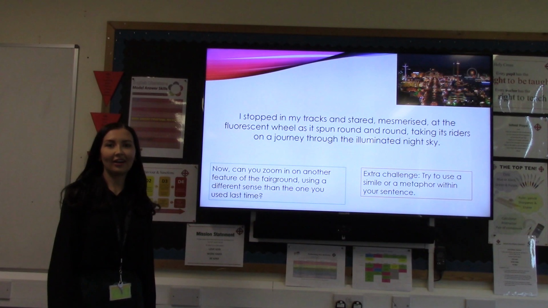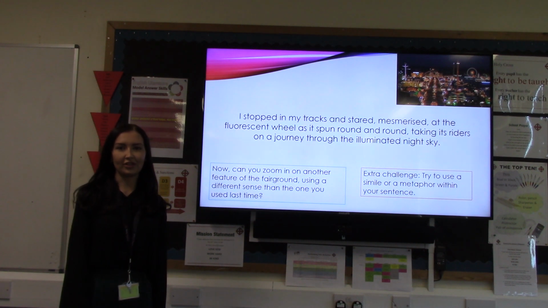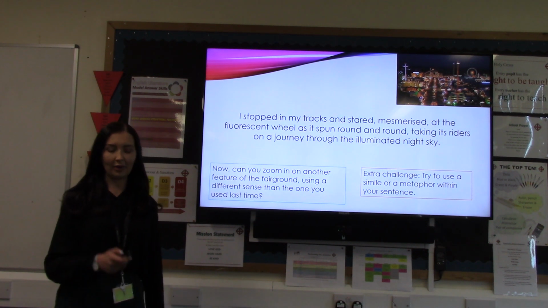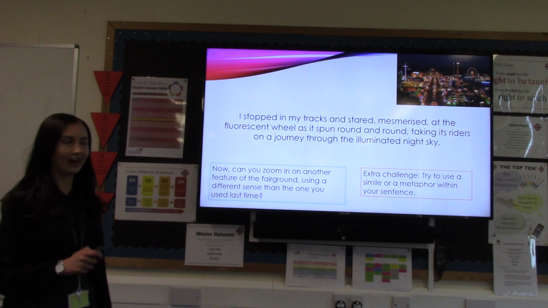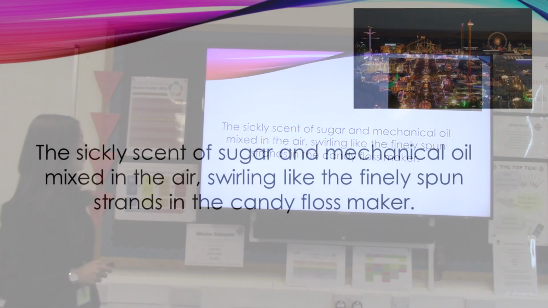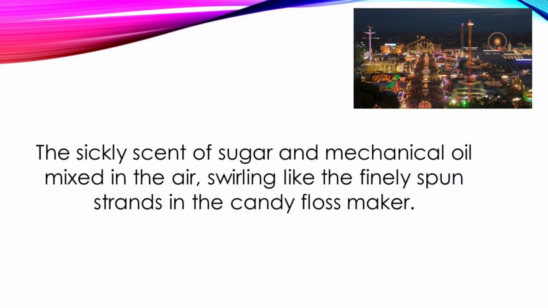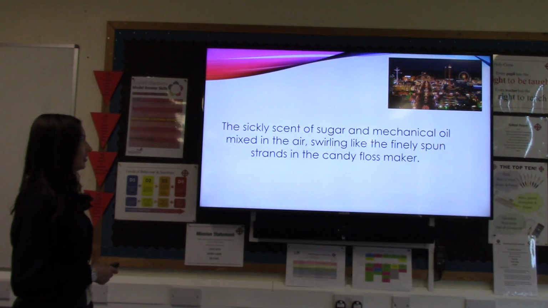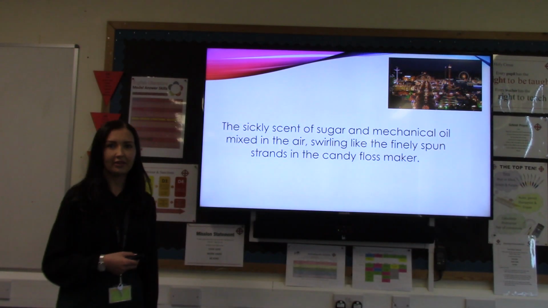Okay, so let's add on our very last sentence to our description to form our descriptive paragraph. So this is my final sentence. The sickly scent of sugar and mechanical oil mixed in the air, swirling like the finely spun strands in the candy floss maker. So I've obviously used my sense of smell here, but been very specific about it.